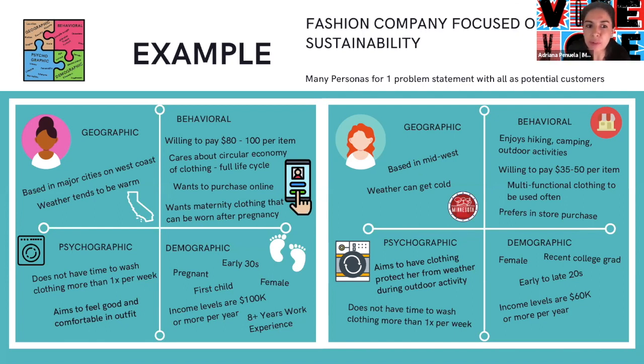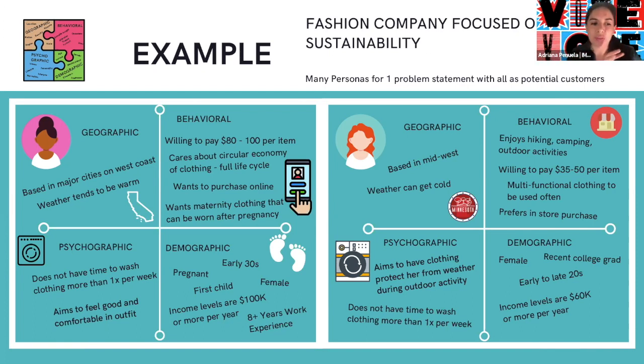They care about the circular economy of clothes, meaning they want to wear their clothes longer, so the quality of the product will be better. They want to purchase online. They want maternity clothes that can be worn after pregnancy, not just during the 9 months. Those are behavioral things, right?